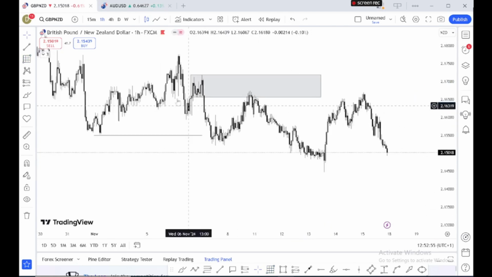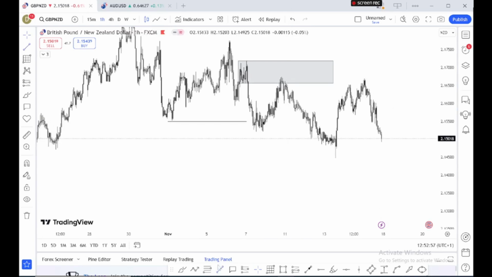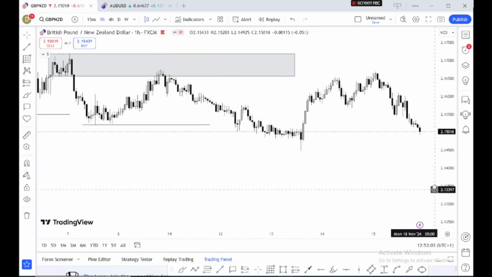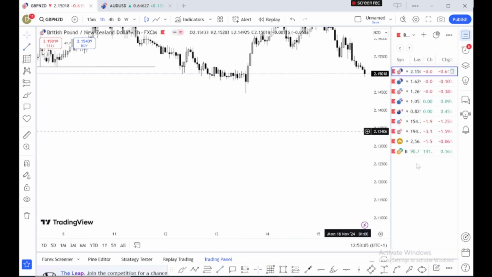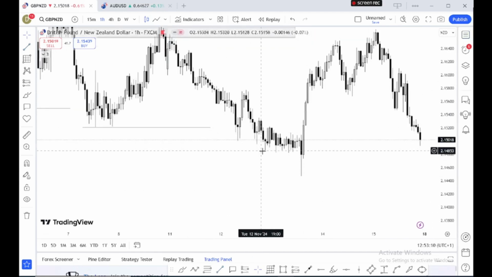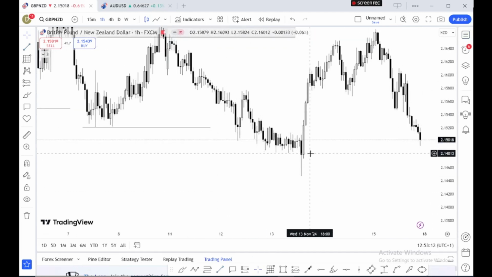So when I saw this, I said, okay, we have another break of structure below here. Market actually closed below here. Market actually confirmed this level by closing below here, this candle.